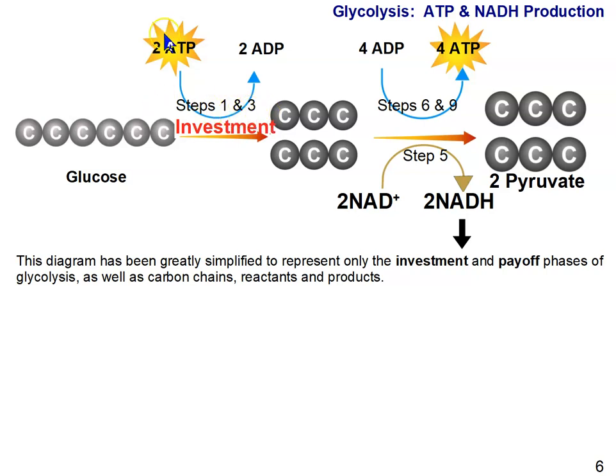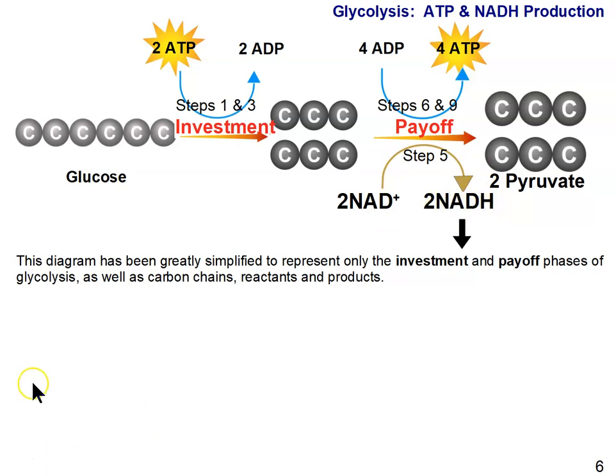That's where ATP is supplying phosphate and phosphorylating substrates along the pathway. And then the payoff phase is where 4 ATPs are made in step 6 and 9. And step 5 is where we get NADH. We get electrons harvested by NADH.